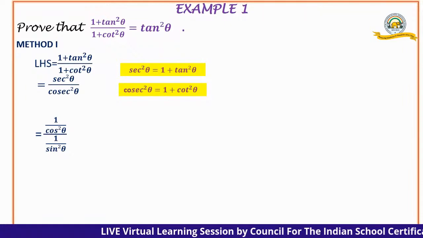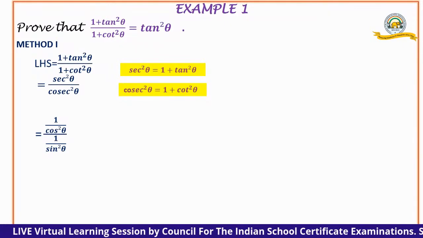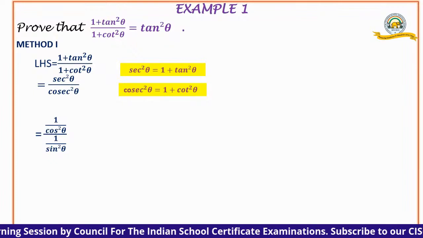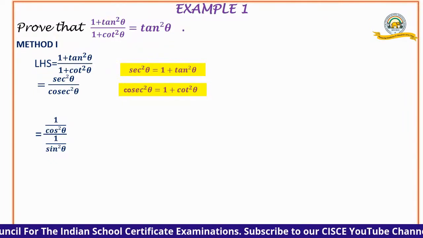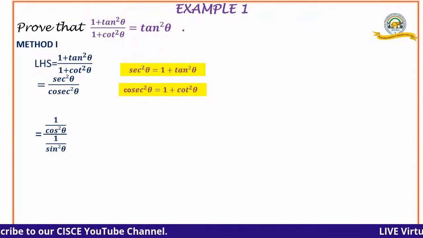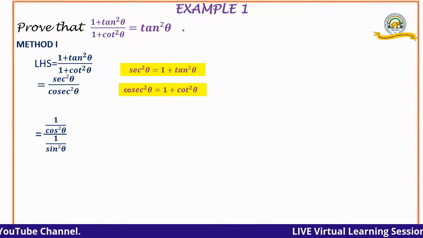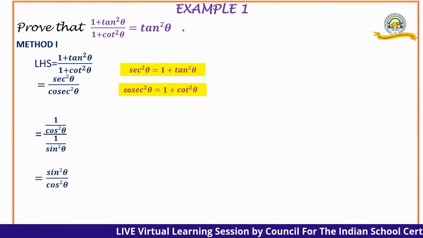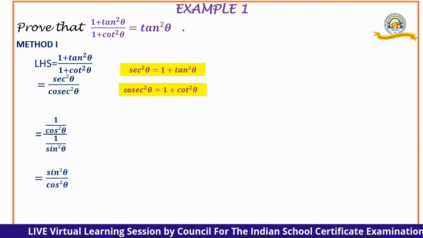Now, we have done our reciprocal. Why do I need a sec square by cosec square? We still have to go to tan. So sec square theta is 1 by cos square theta upon cosec square theta, which is 1 upon sine square theta. So remember your reciprocals. So therefore, what are we getting? Sine square theta by cos square theta.